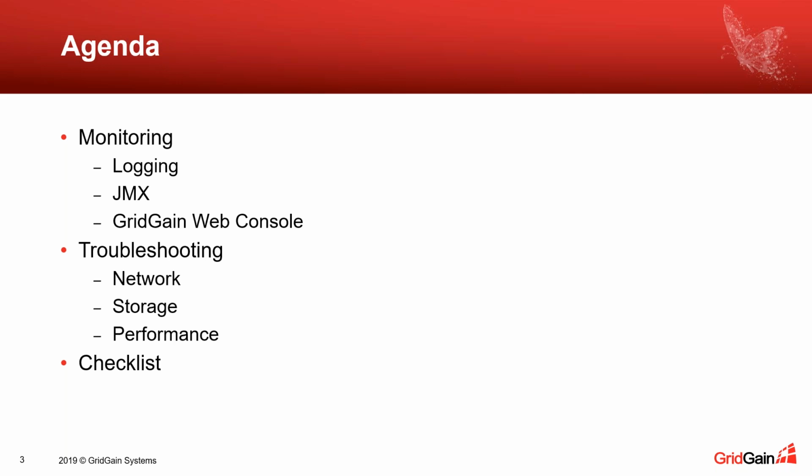So what are we going to talk about today? We'll start by reviewing some monitoring capabilities, because monitoring is the key to troubleshooting. We'll review different tools that can help you to monitor your clusters and find the issues there. Then we will review several common issues that are relatively easy to find if you know about them, so that you can fix them if you ever encounter them.